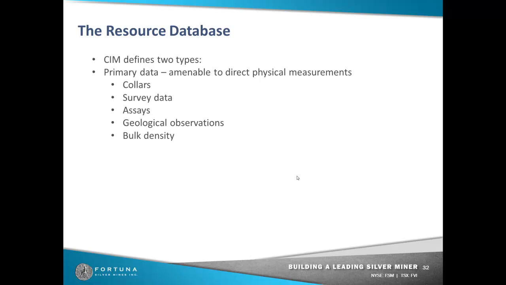And also bulk density is of particular importance. So again, often a physical specimen will be taken either underground or from drill core. It's then taken to the laboratory and a density measurement is often taken by measuring the weight in air and water and working out the subsequent density.